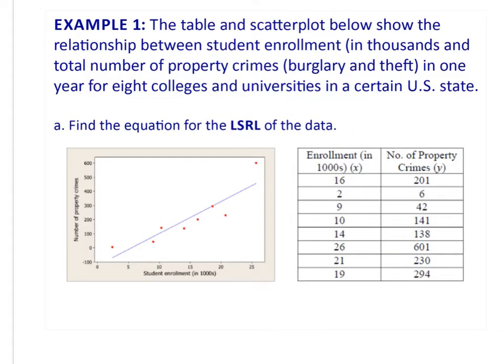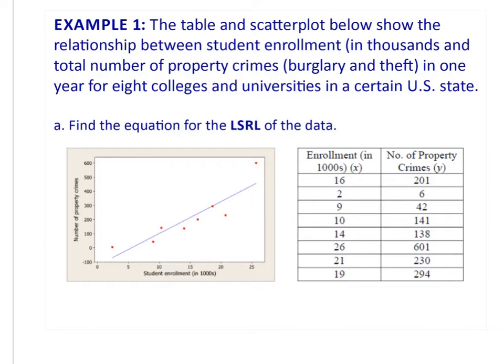So how we would see the least squares regression line asked in a problem would be something like this. The table and scatter plot below show the relationship between student enrollment in thousands and total number of property crimes, burglary, and theft in 1 year for 8 colleges and universities in a certain U.S. state.